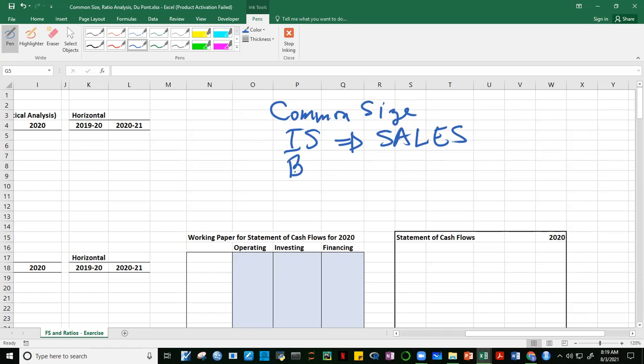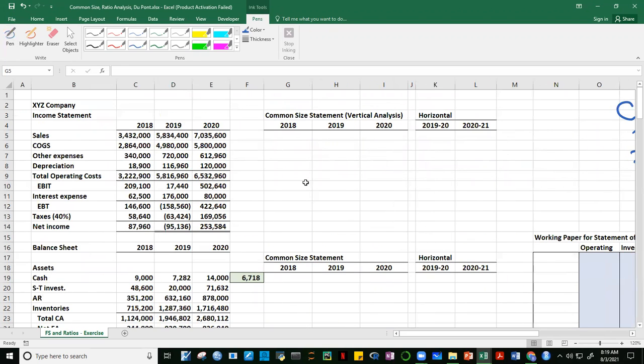Sa balance sheet naman, ang magiging reference natin will be it's either total assets or since total assets pareho lang yan sa total liabilities and equity. Okay? So that will be how we will construct our common size. Okay. So dito, guys, for 2018, everything will be divided by sales of 2018.